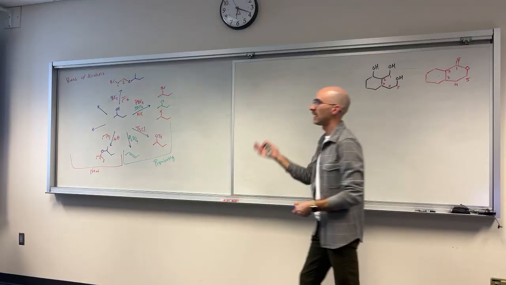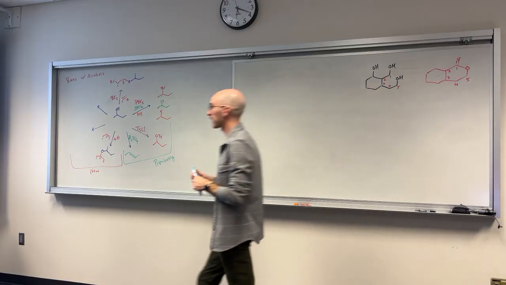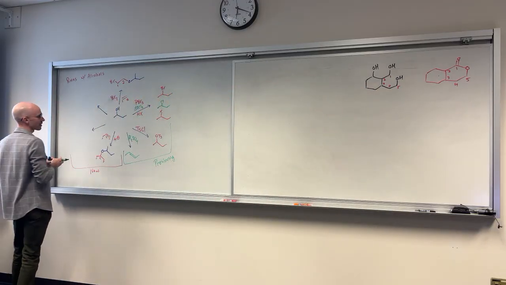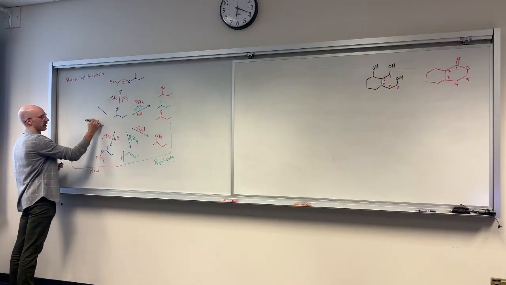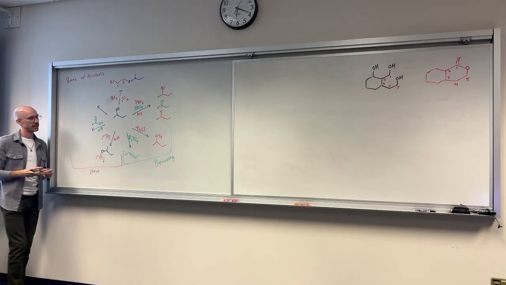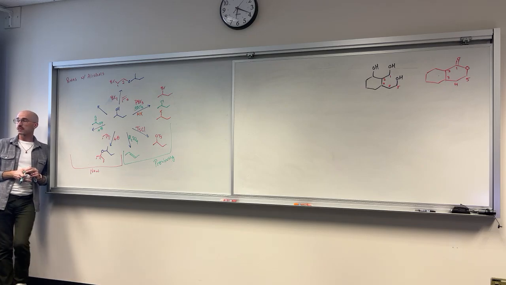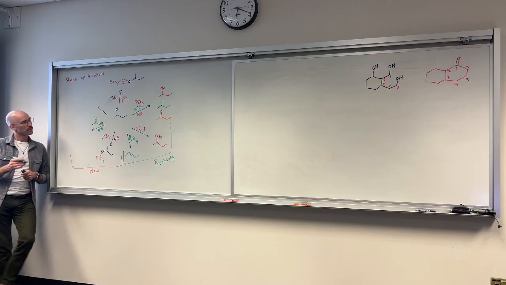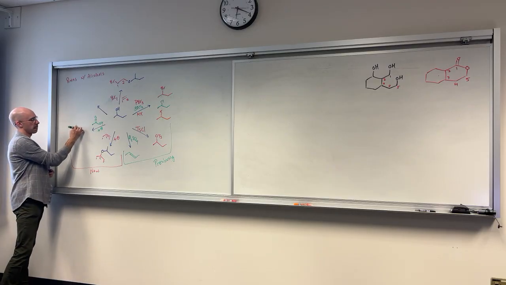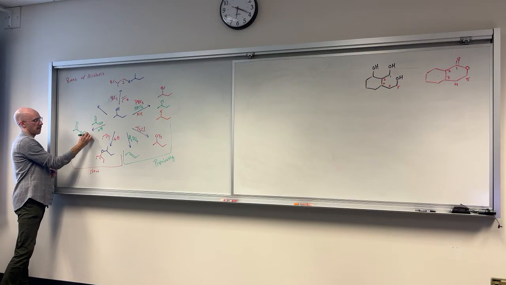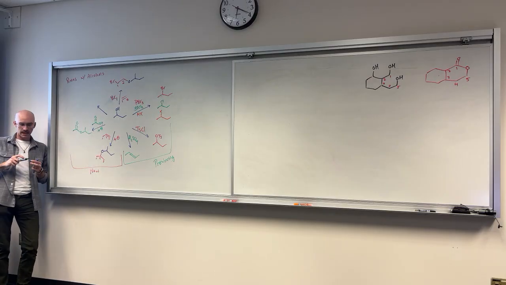Then we have acid catalyzed esterification. We're going to spend a lot more time on the mechanism here in our next unit. We're not going to spend any time on it here. Starting materials are carboxylic acid with acid. And the product is an ester.